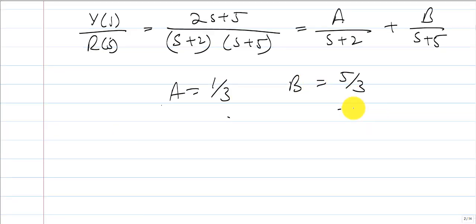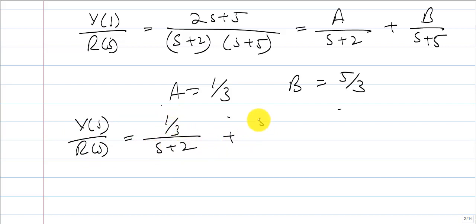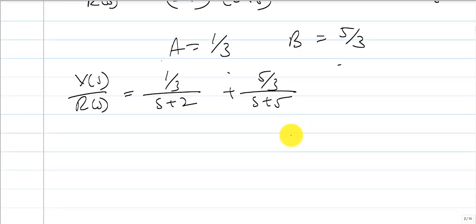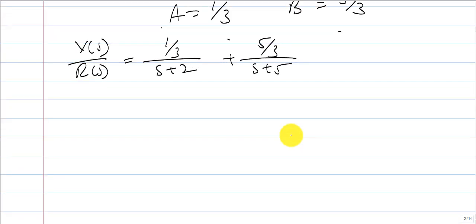So we get the relation Y(s)/R(s) = (1/3)/(s + 2) + (5/3)/(s + 5). Now these are two different small transfer functions of first order systems. We will draw its block diagram to make this method easier to understand. It's simple. We have R(s) at the input and Y(s) at the output.